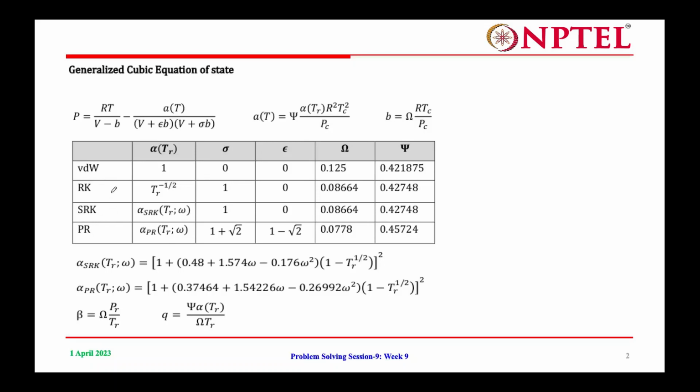These are the equations of state. The general equation is P equals RT over V minus b, minus alpha as a function of temperature divided by (V plus epsilon b) into (V plus sigma b). Here the alpha function of temperature is given by this, and b is equal to this.